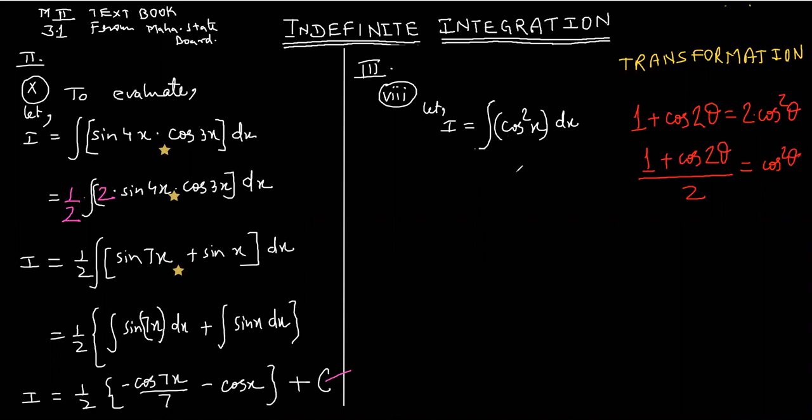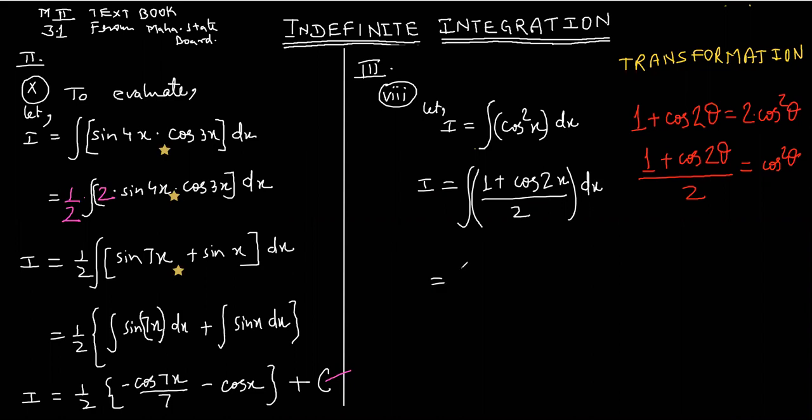So I will write it here. I will get I equals to, using this formula, the integration of cos square x dx, which is the integral of (1 plus cos 2x) divided by 2 dx.